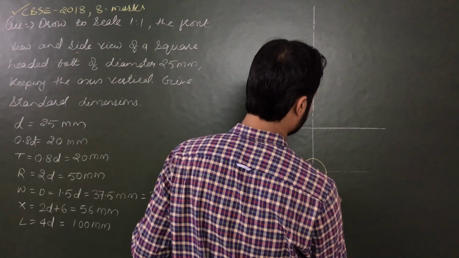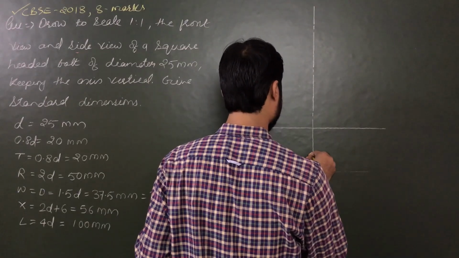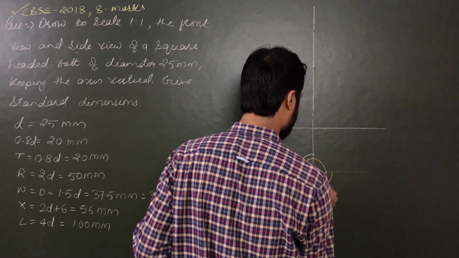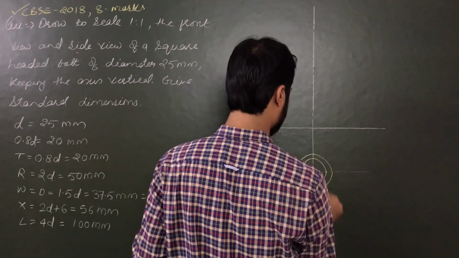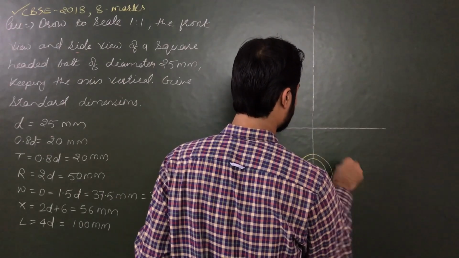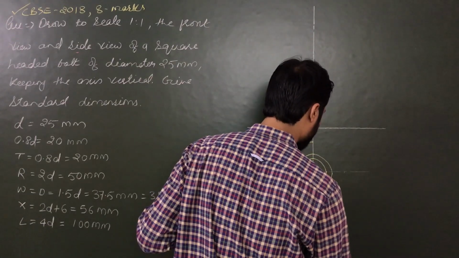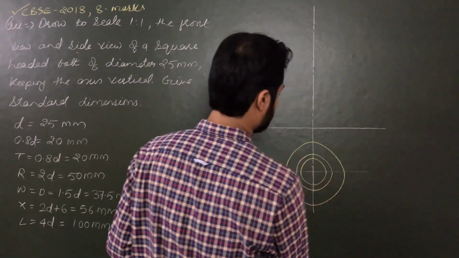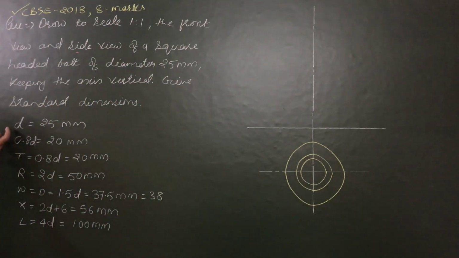First circle of dia 20 mm, second circle of dia 25 mm, and third circle with dia 38 mm. So these are 3 circles representing minor dia, major dia, and chamfering dia.